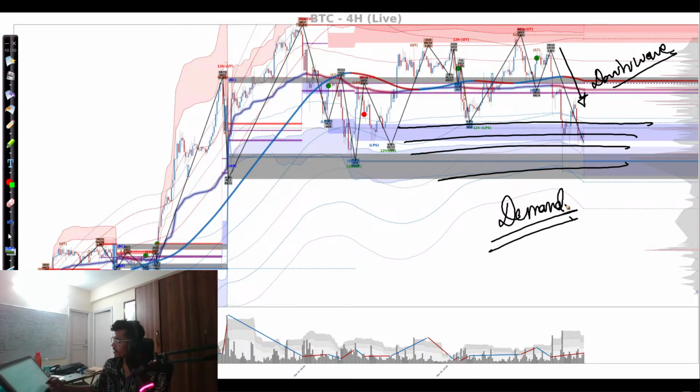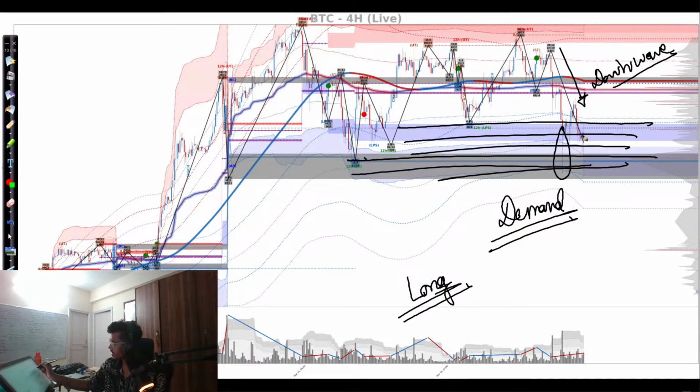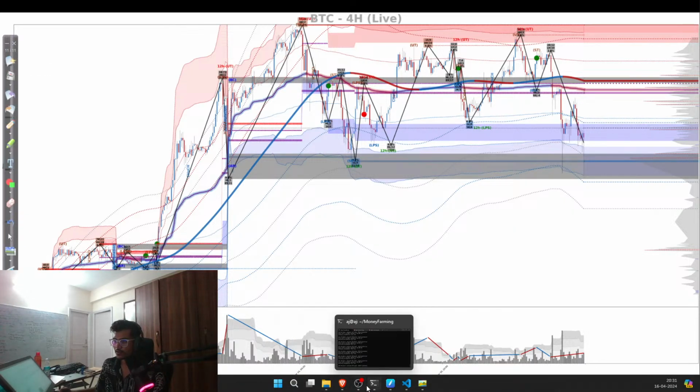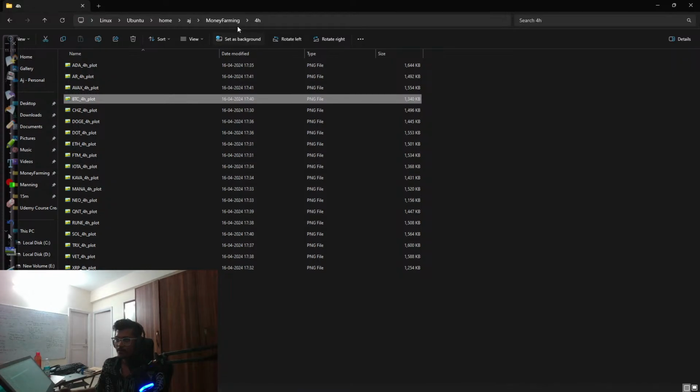So in a lower time frame, I would look for a long trade if the market comes here, because the market already came here and is trying to come here. So on 5 minutes, perhaps even 15 minutes, we can look for a long trade on Bitcoin. So I'm gonna go to 1 hour.